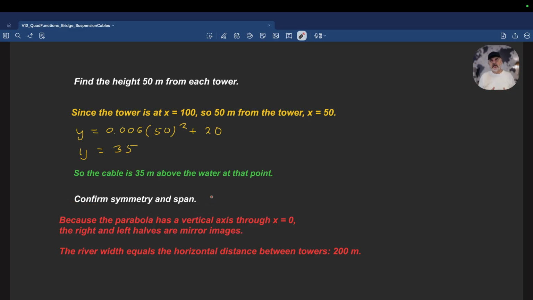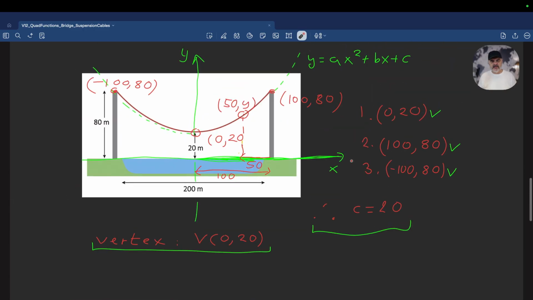So confirm the symmetry and span. Knowing that the parabola is symmetrical with the axis of symmetry at the vertex, we already see this symmetry because we have created a diagram that shows negative 100 to the left, positive 100 to the right, and at 0 there is an axis of symmetry.